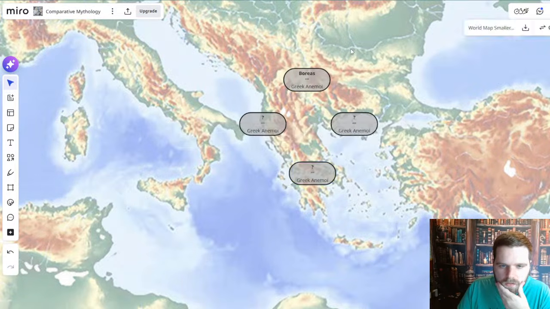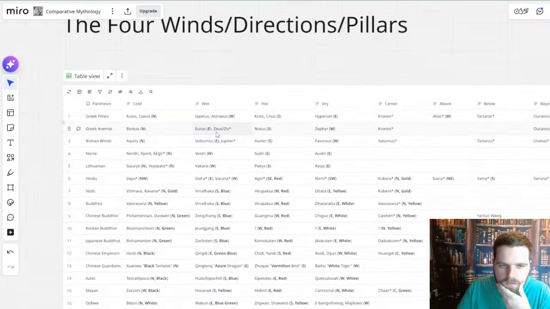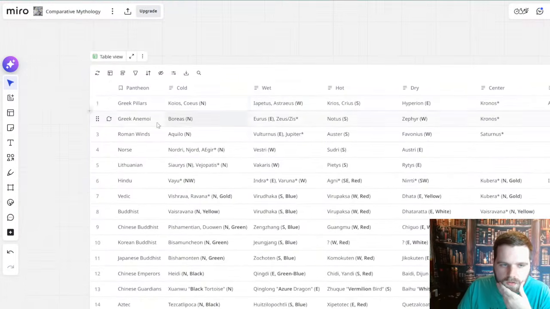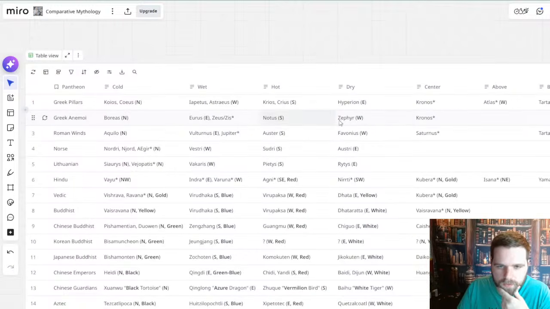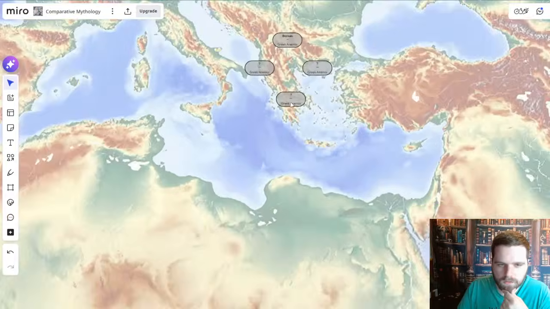So yes, south would be, I believe it's Notus, right? I'm going with this Greek Anemoi system first. I'm skipping the pillars because they're a little more obscure. We got Boreas north, Eurus east, Notus is the south, like I thought, and then Zephyr in the west. Yep. So Notus, being southern, is red.